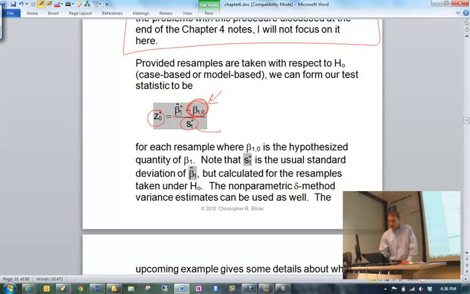Divided by the square root of the estimated variance of beta hat 1 star. Meaning you could use, let's say, the non-parametric delta method estimates to estimate the variance. You could do it as a double bootstrap as well to get the needed variance estimate.